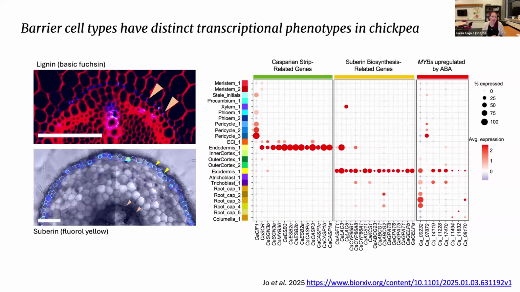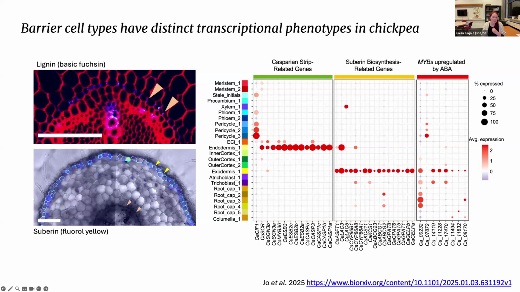When it came to the barrier cell types, we had to add the fact that because Arabidopsis doesn't have an exodermis, we looked at what were the endodermal and exodermal traits in chickpea. So in chickpea, we have a very specific Casparian strip, whereas the lignin in the exodermis is not positioned the same way. So we were able to use the Casparian strip related genes to annotate the endodermis.